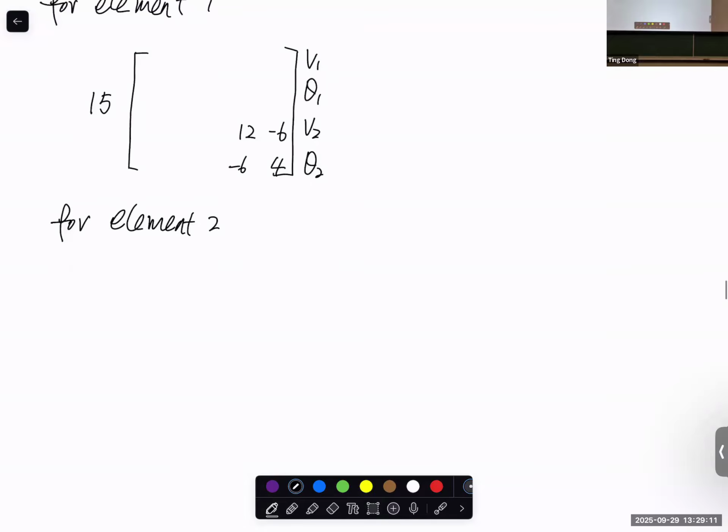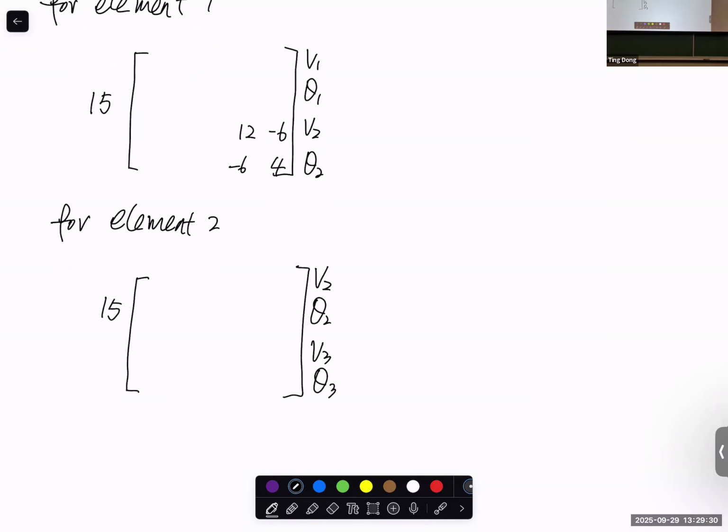For element 2, again, we have 4x4, but we only need 4 components. I wrote a row index here. It should be V2, theta 2, V3, theta 3.